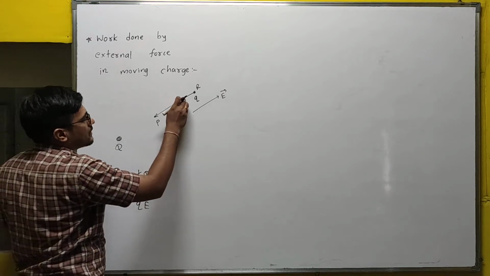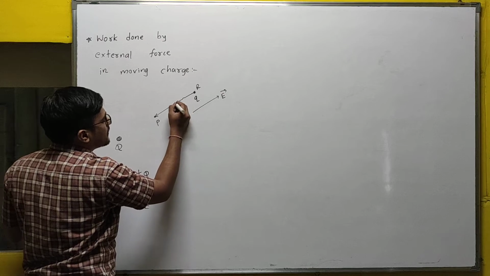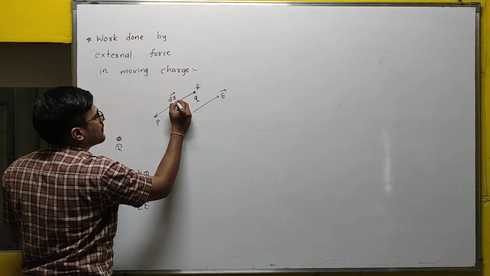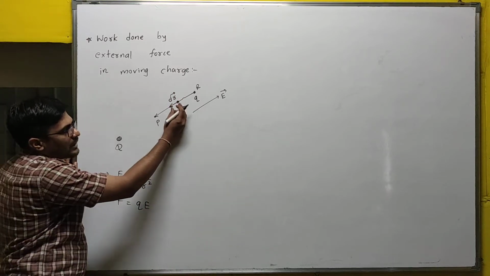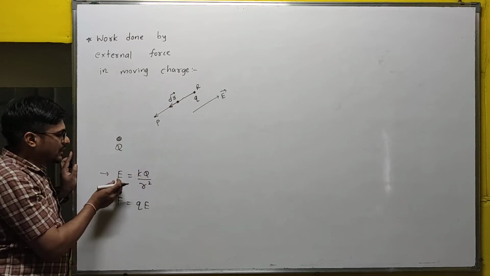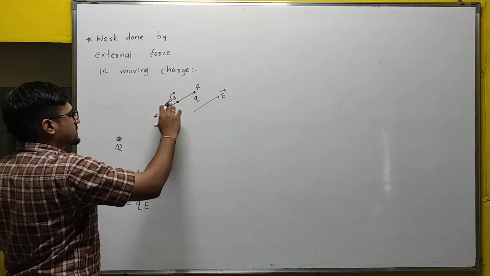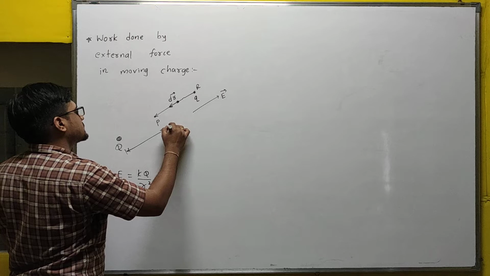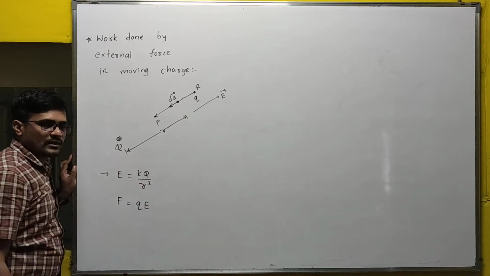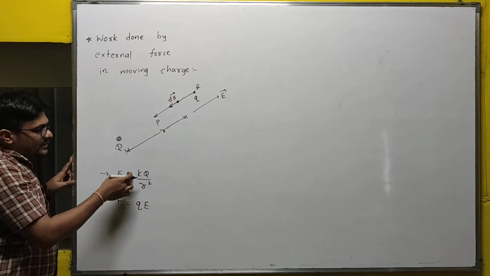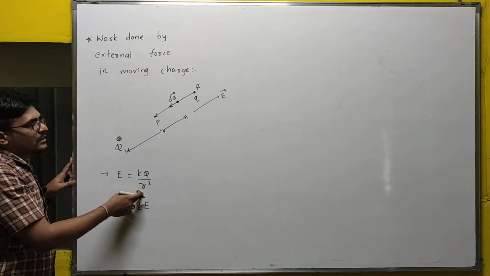So consider a small displacement here, that is dr. In this small displacement, you can consider the electric field as a constant. Suppose this displacement dr is at a distance r from this charge. So at this point, the electric field is kQ by r square.